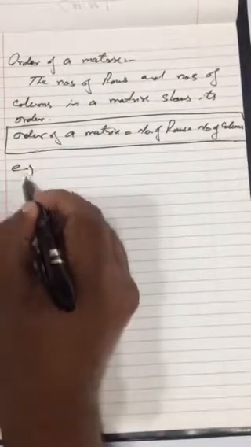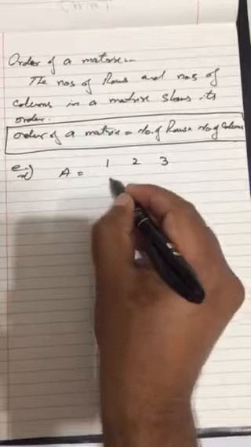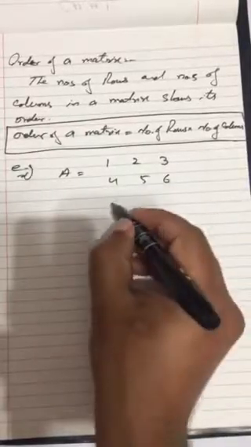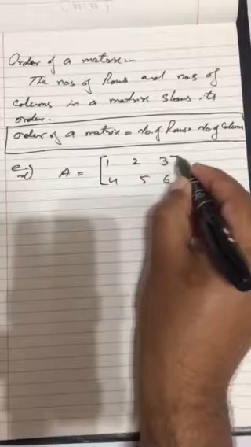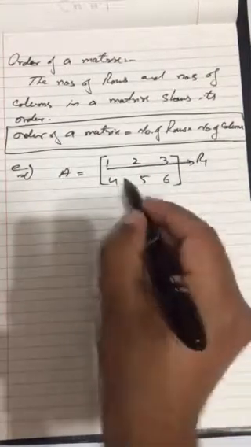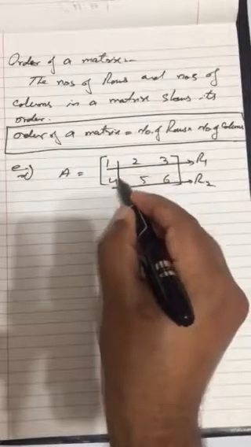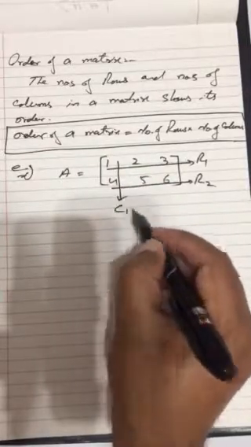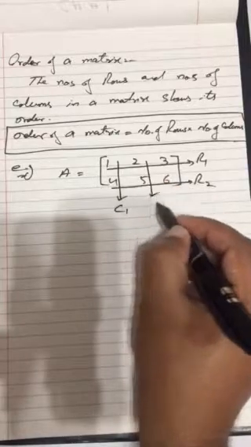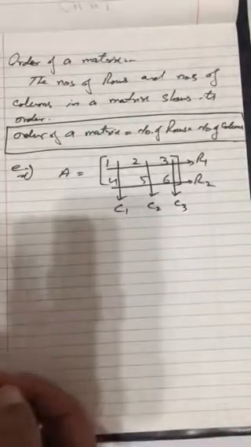For example, if I take the matrix A as 1, 2, 3, 4, 5, 6 enclosed by the square brackets, this is my first horizontal line, elements 1, 2, 3, row 1, and 4, 5, 6 second horizontal line, row 2. 1, 4 first vertical line, column 1, 2, 5 second vertical line, column 2, 3, 6 third vertical line, column 3.